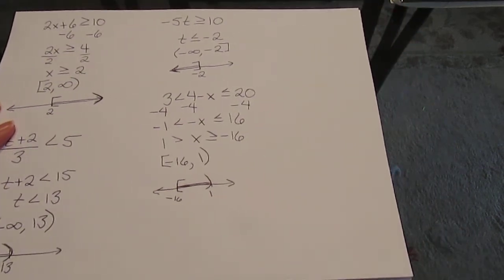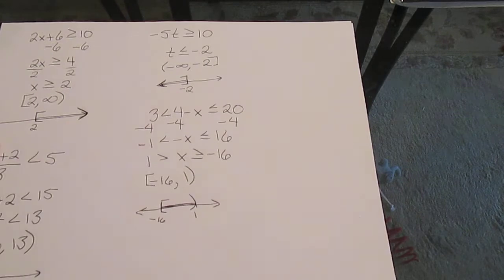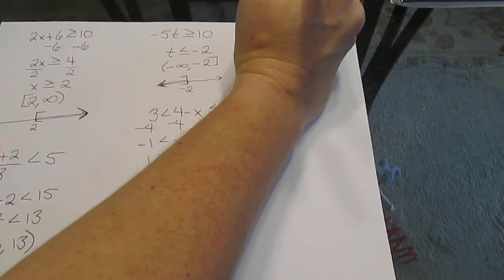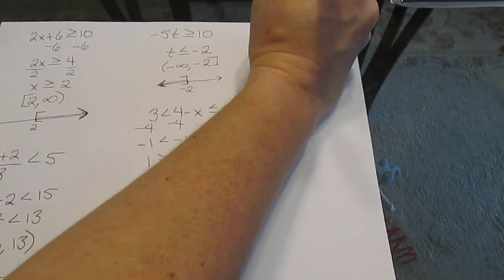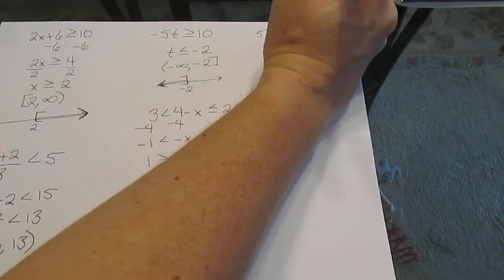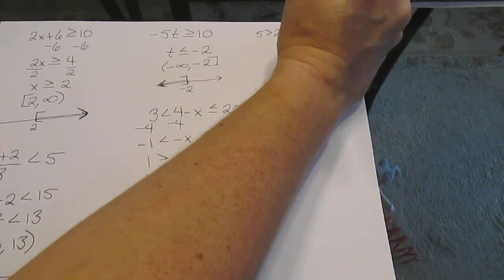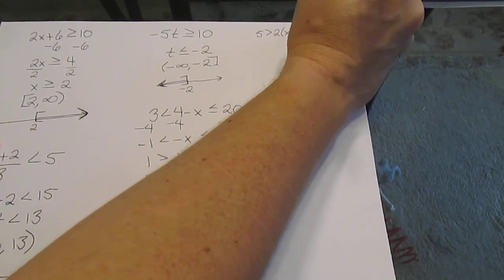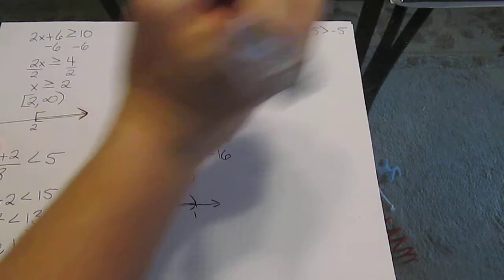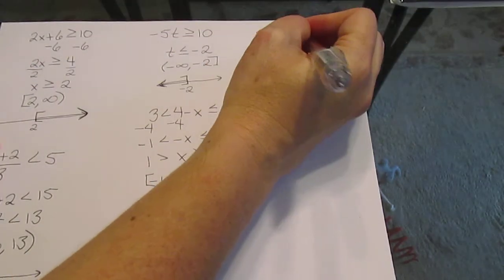Let's try one more of those. So we've got 5 greater than 2 times the quantity x plus 4 minus 5 greater than -5. I'm going to distribute the 2 first.